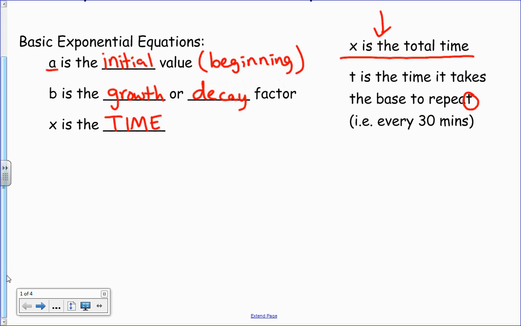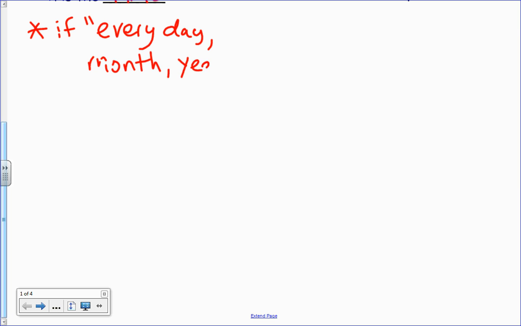Now, some things you need to write down in this little gap here on your paper. If your word problem says every day, month, year, etc., then you would want to use the y equals a times b to the power of x, okay?